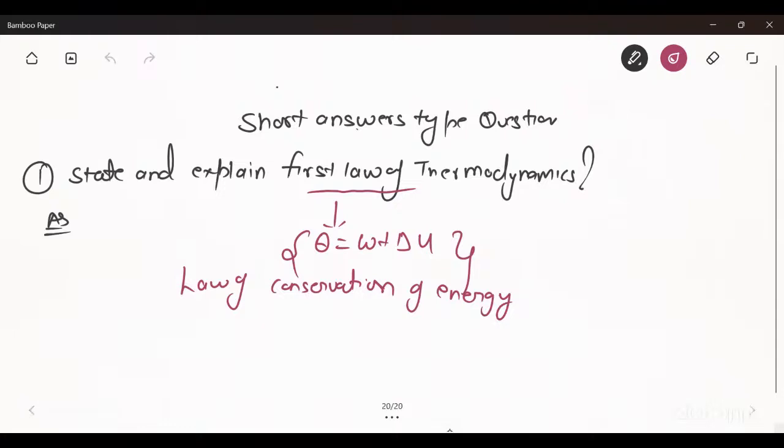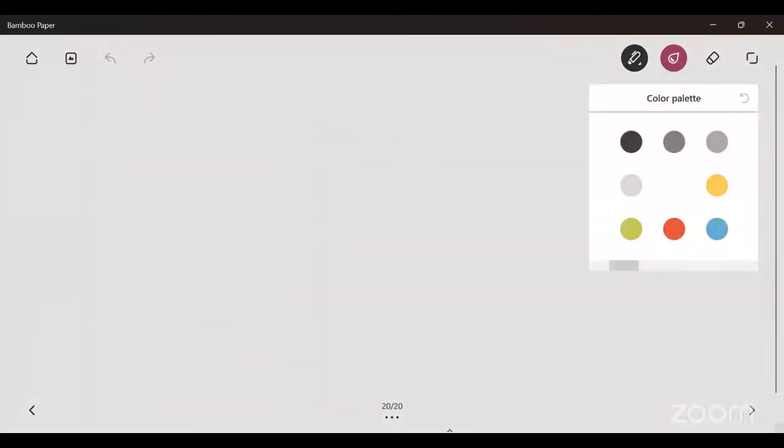Now, the next question is: define the two principal specific heats of a gas and say which is greater and why.